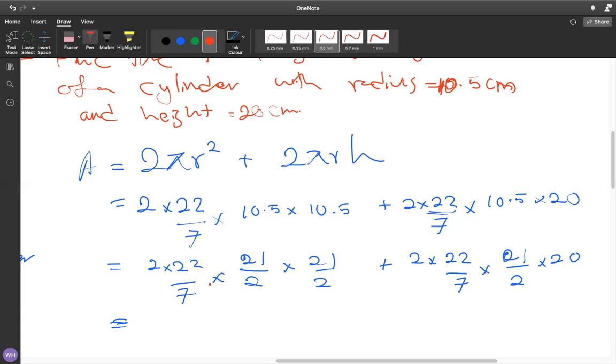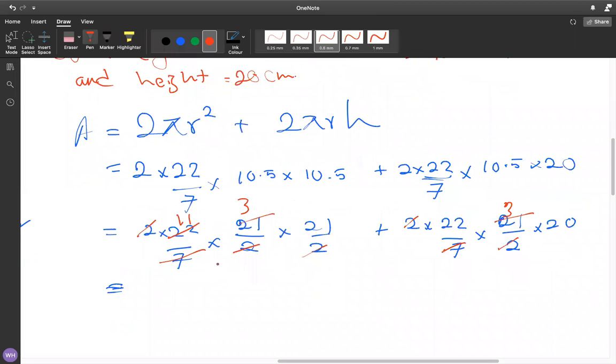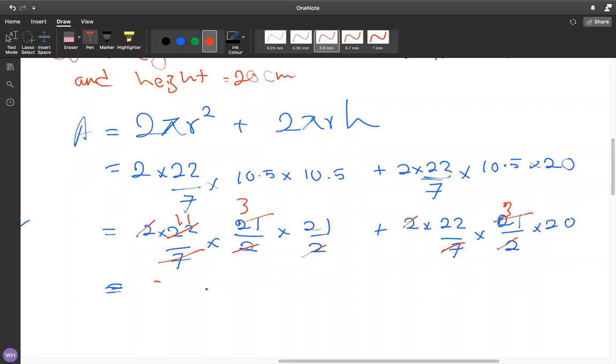So take the red color. Here you'll get 3. And here you'll get 2 cancelled. And here you'll get 11. Right? So here 2, 2, 7, you get 3. So that's all. So here 33 times 21 plus 22 times 3 times 20.